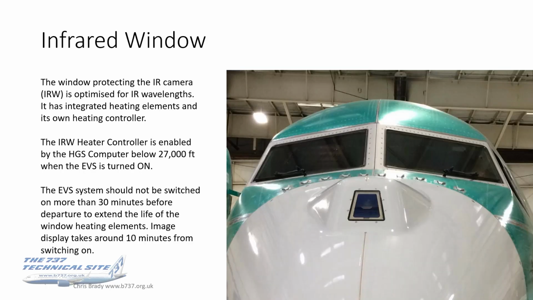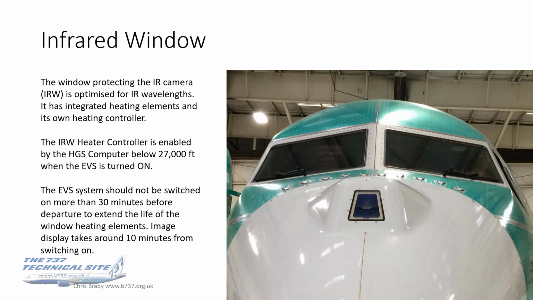Now the camera itself is protected by a window. So what you're looking at there is the window rather than the lens of the camera. You can just about see the lens of the camera as the circle set several inches back behind that window there. That window isn't just any old window.